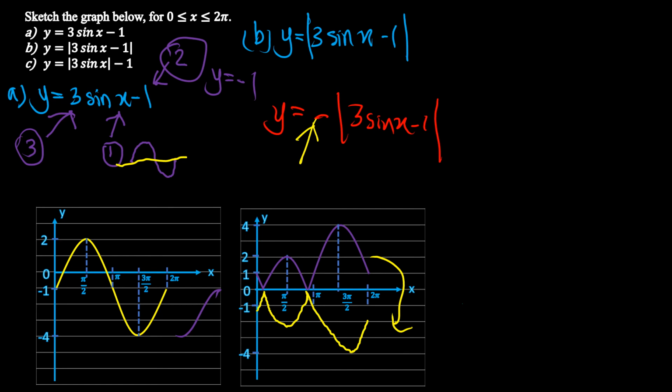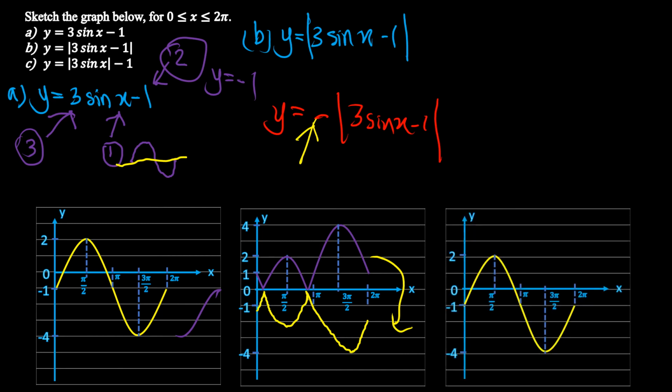Okay, so now we continue for question C. For question C, if you look at this question, you also have to sketch y equal to modulus 3 sine x minus 1. Of course, the modulus is only around your 3 sine x.